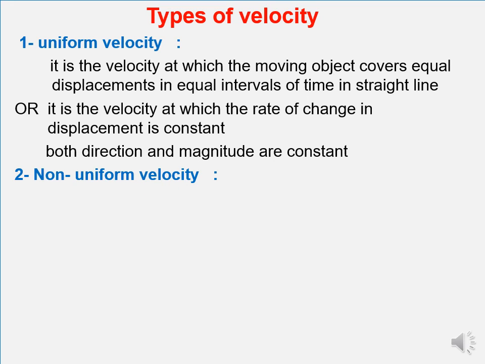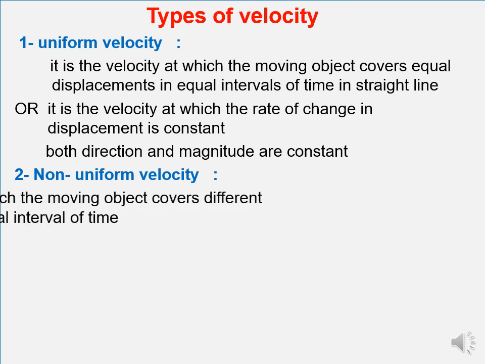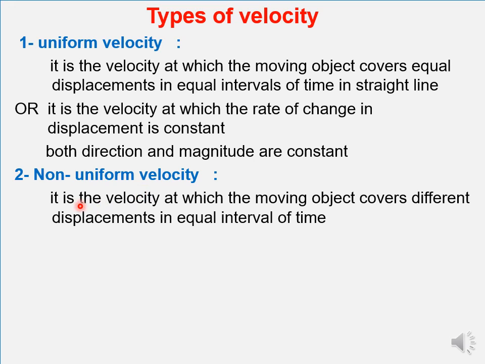Non-uniform velocity is the opposite. It is the velocity at which the moving object covers different displacements in equal intervals of time.